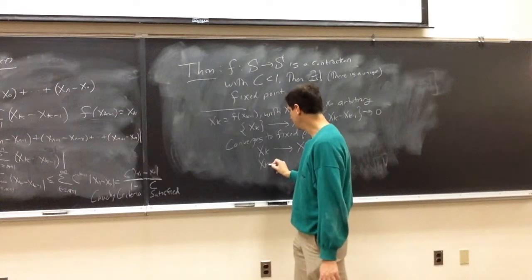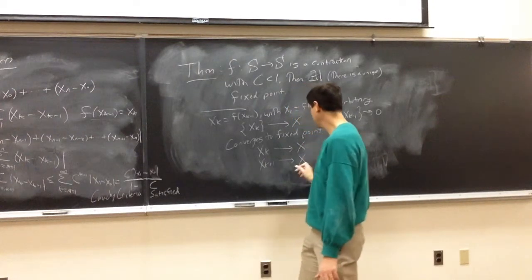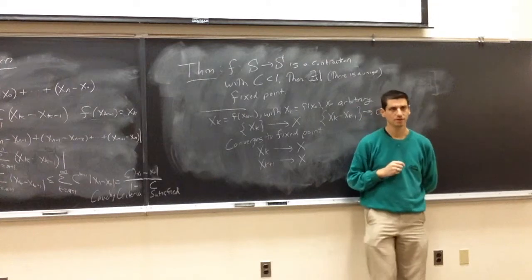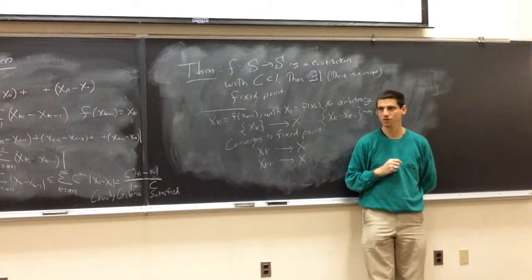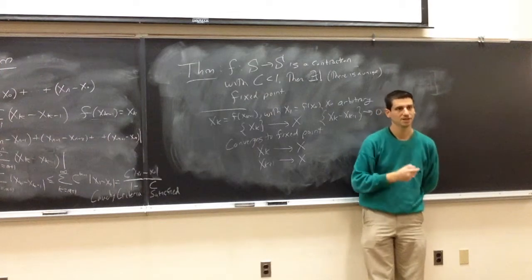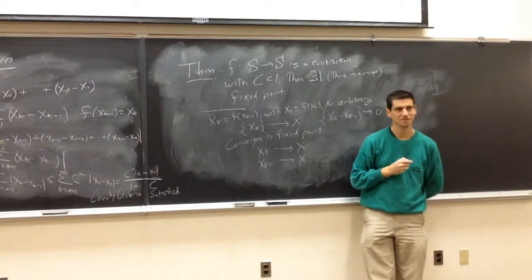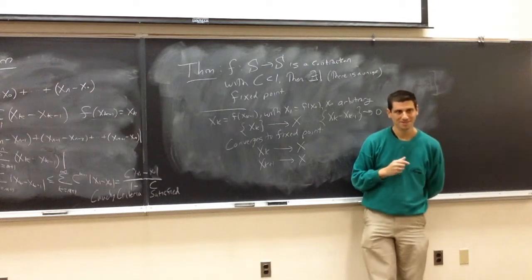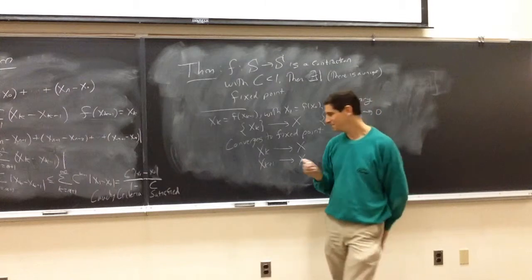We also know x_{k+1} goes to x. But what is x_{k+1}? It's like the next item in the sequence. It's f of x_k.